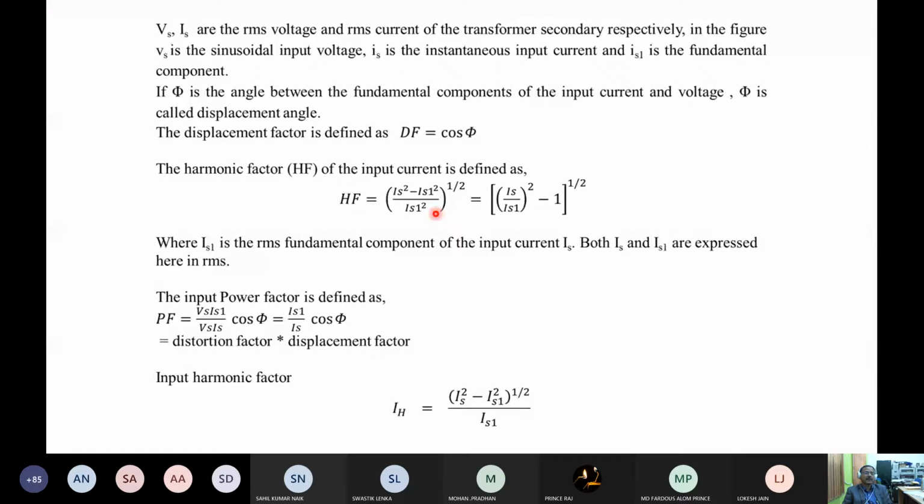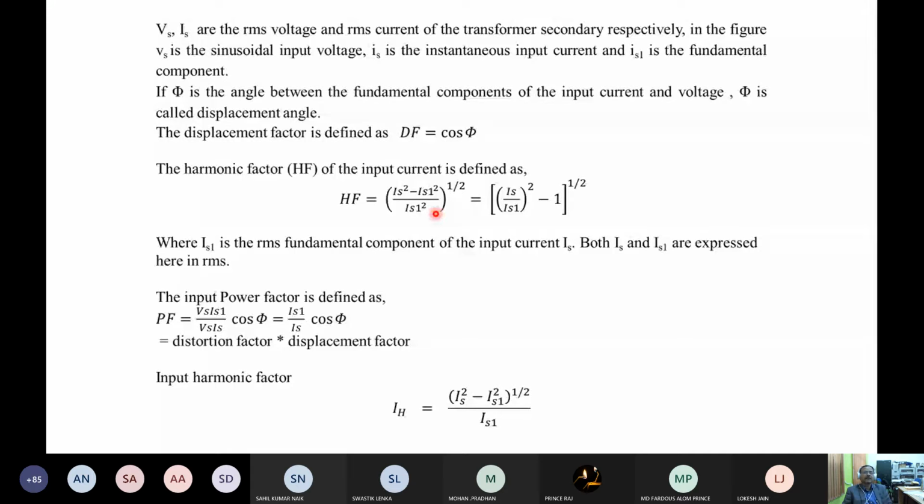But most electronic circuits operate at very low voltage, so it is required to step down the voltage. So there may be a transformer at the input side. Vs and Is are the RMS voltage and current of the transformer secondary, that means the input to the rectifier.